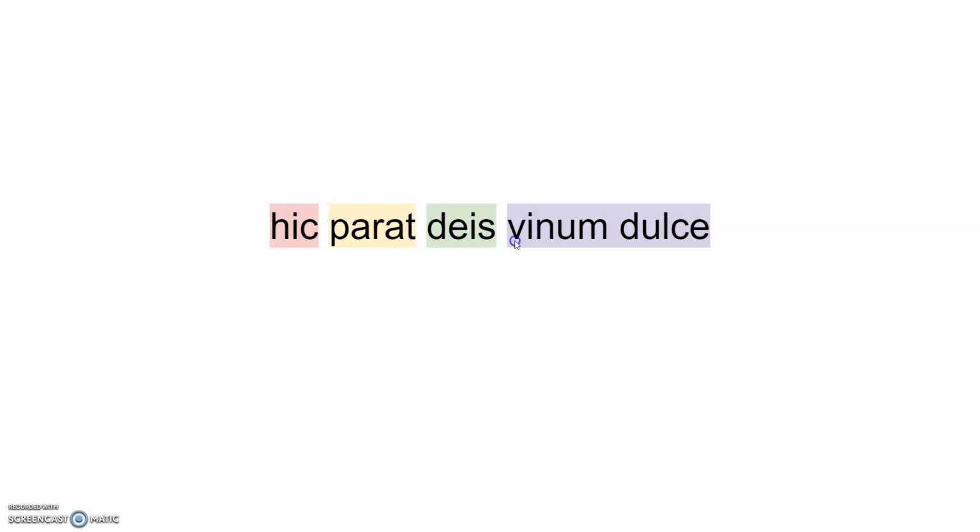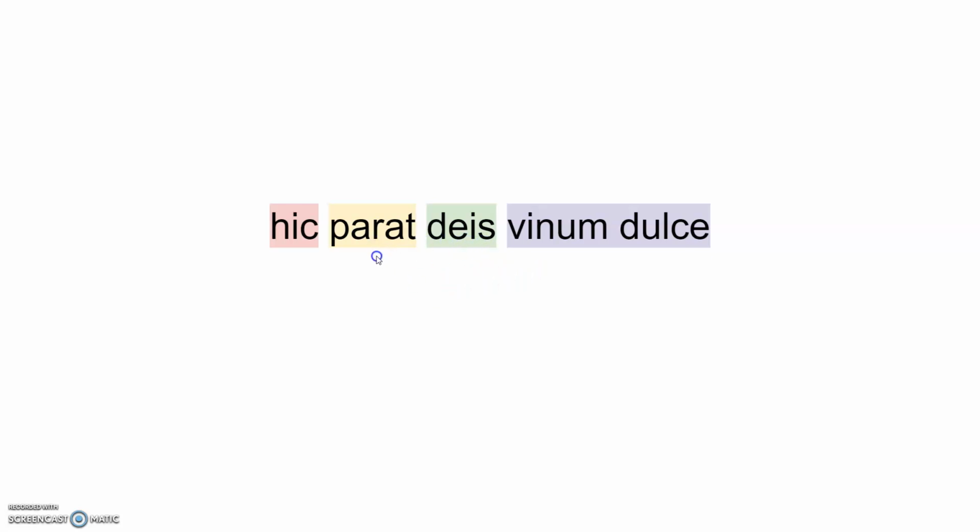This guy prepares for the gods. What does he prepare? Vinum dulce. This is the accusative version of sweet wine. It's our direct object. Remember, you use accusative nouns when you have an active verb to know who's receiving the action. And since this verb is active, we know hic is the one doing the action. In this case, this guy prepares the sweet wine for the gods. And that's how that sentence would go together.